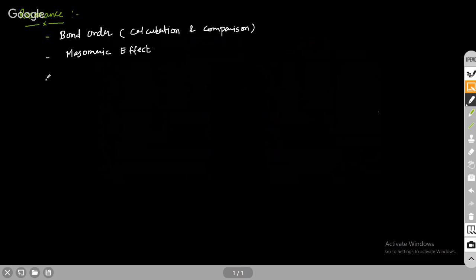The third one is aromaticity. We all know what is aromaticity, but we'll see here some miscellaneous examples of compounds which show aromaticity, non-aromaticity, and anti-aromaticity. The next one we have is stability of intermediate.